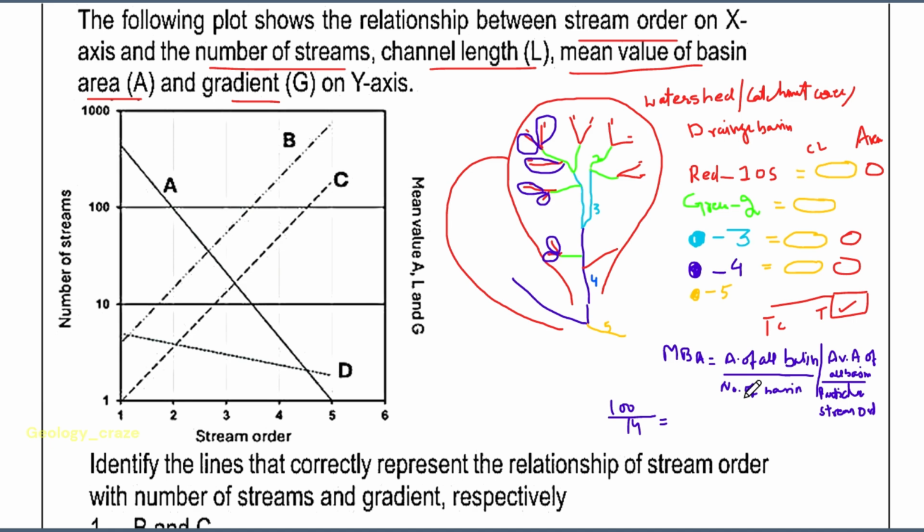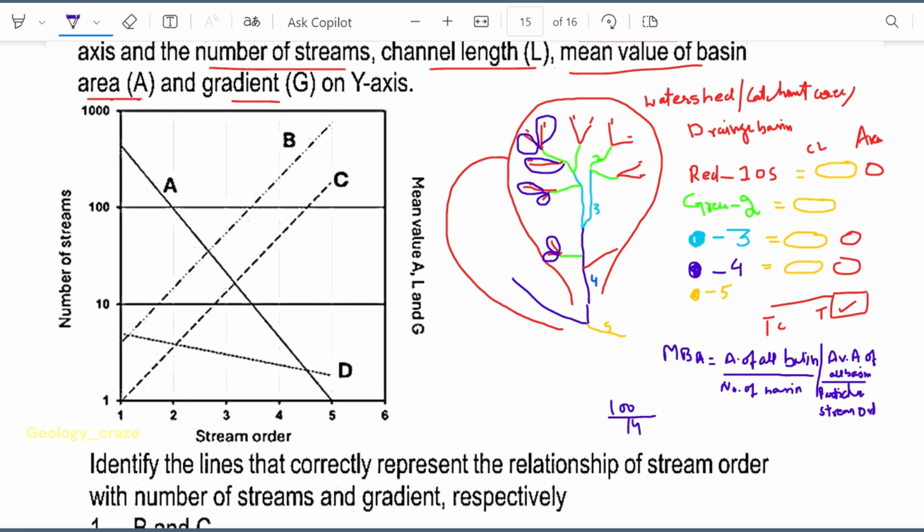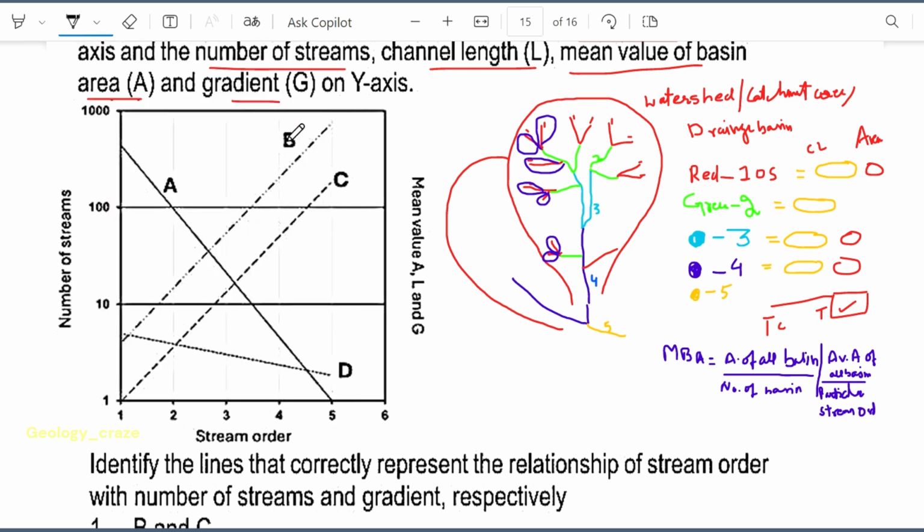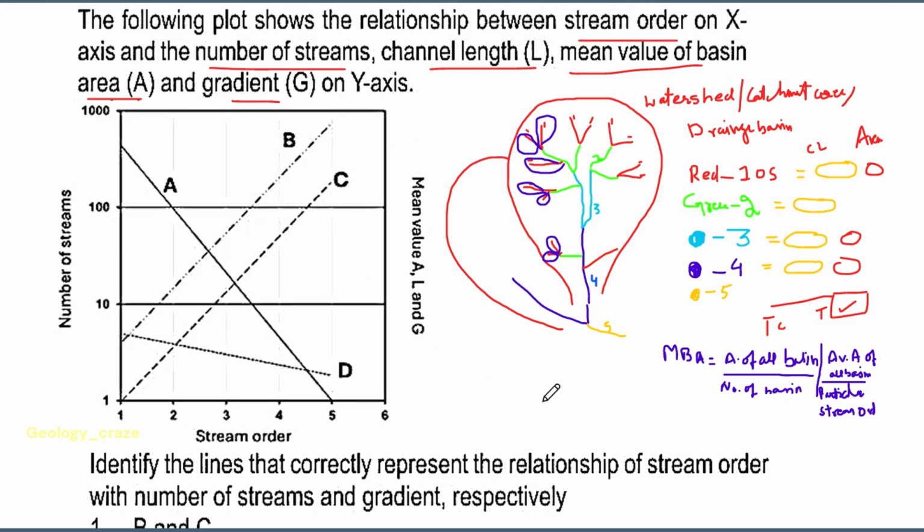Now one thing is remaining, that is gradient. What is gradient? For first order streams, gradient will be high, and as it reaches fourth to fifth order, its gradient is getting low.